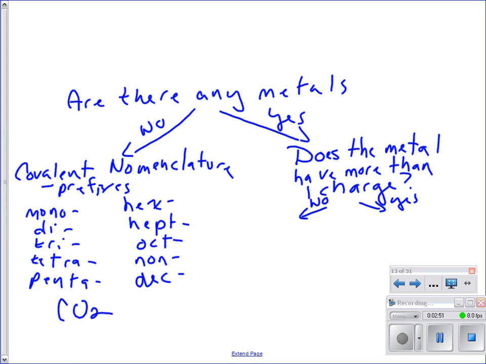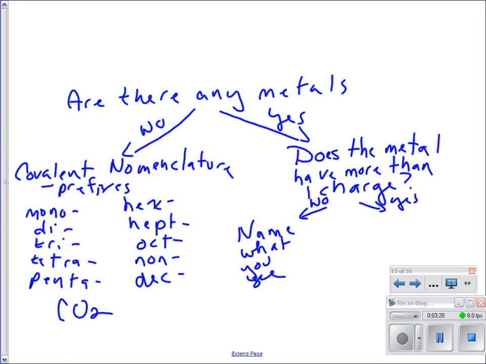If it doesn't have more than one charge, then you just name what you see. If it does have more than one charge, how do we name it? You have to indicate the charge.